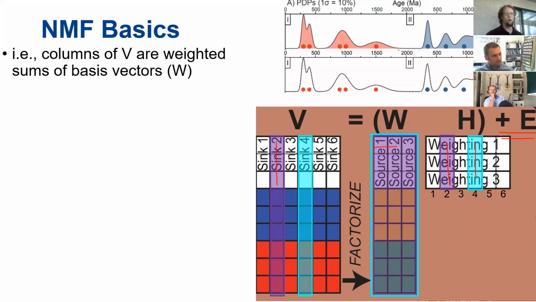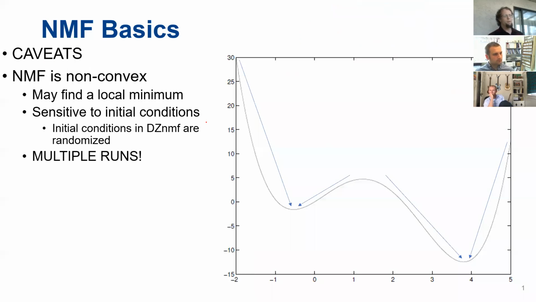So the whole idea here is to minimize that misfit, which is E in this equation, but realizing that it may be non-convex. If we're trying to minimize E, we're trying to get as low as possible down here, and if we had a perfectly convex function, we would be able to get to a global minimum, which would be down here.